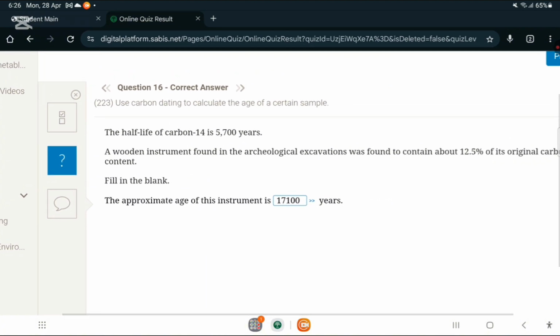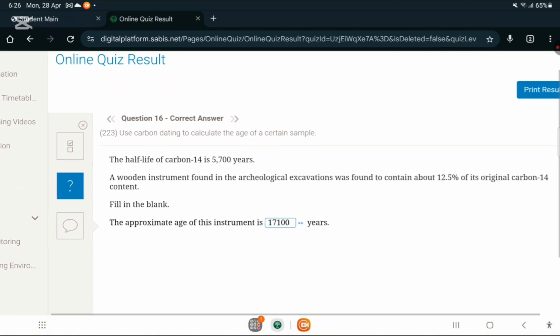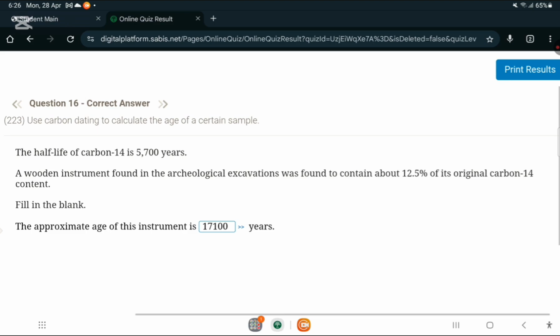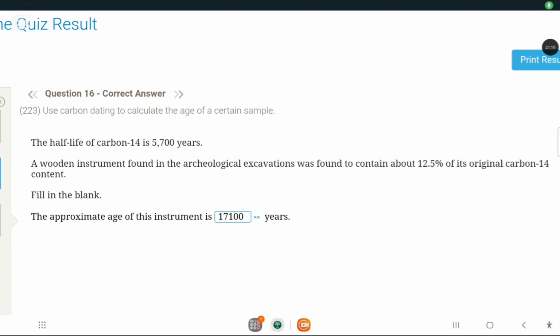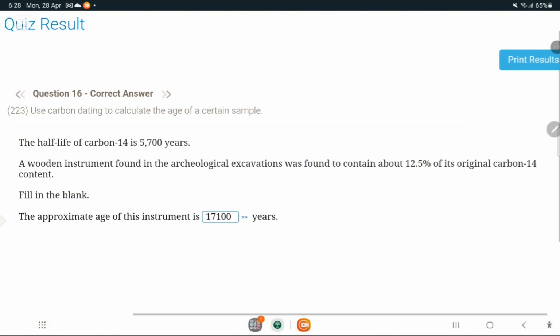A wooden instrument found in the archaeological excavations was found to contain 12.5% of its original carbon-14 content. The approximate age of this instrument is how many years? Okay, here, what I'd tell you to do is, one second, let me open the screen right.